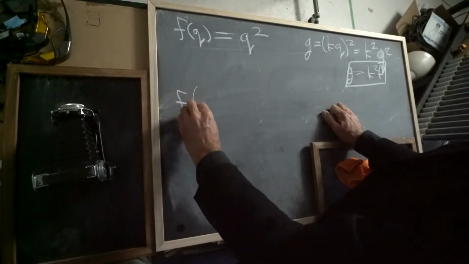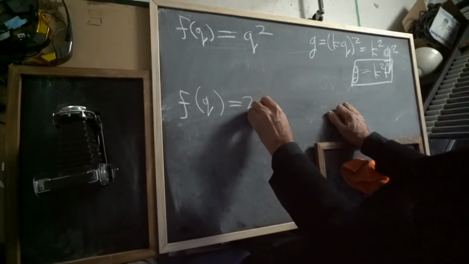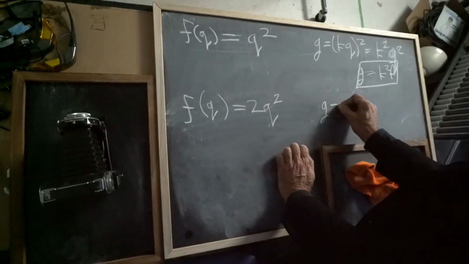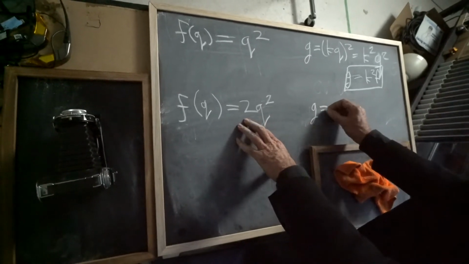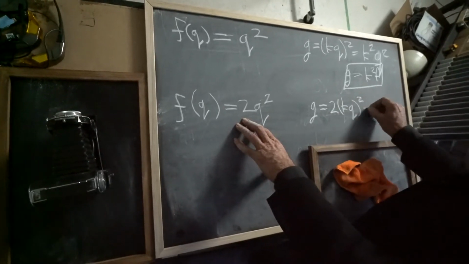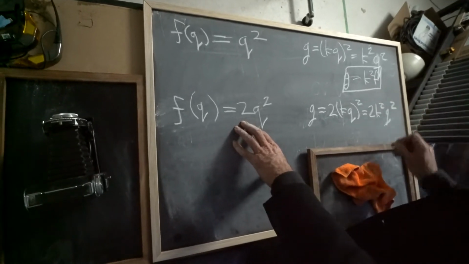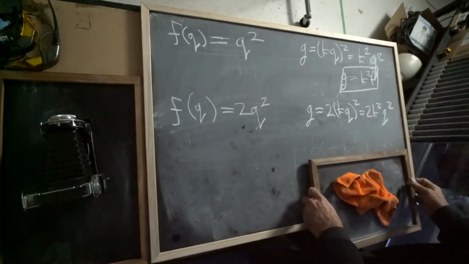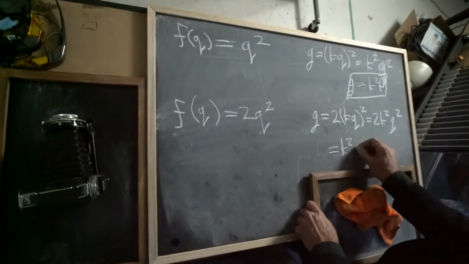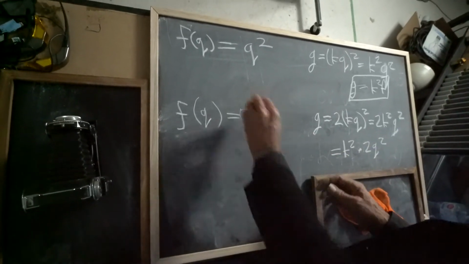F of q equals 2q squared, and then g of q is equal to 2 times (kq) squared, which equals 2 times k squared q squared. And now what we have is equal to k squared times 2q squared, and this is just f, exactly.